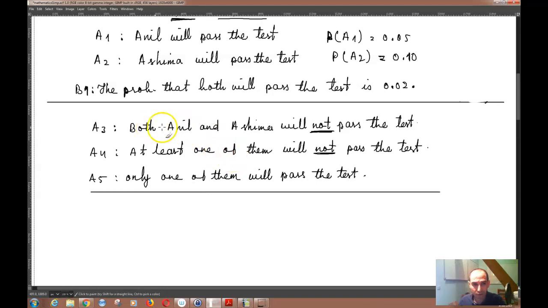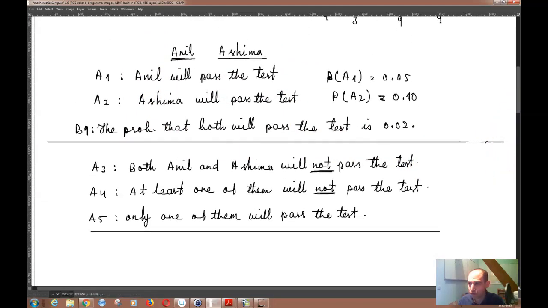Now, let me call these the exact same way that they have called them, so that we may use their solution. And of course I have to change these as well. So I call this event E, and I call this event F, right?